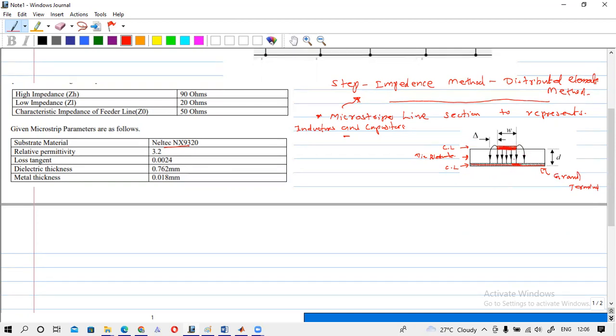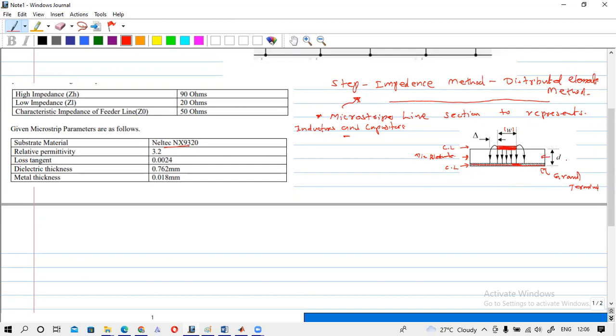There are many parameters related to this microstrip. One is the impedance, maybe the characteristic impedance of this transmission line. It mainly depends on the width of the transmission line, that is this width of the microstrip line, and also the thickness of the dielectric material.